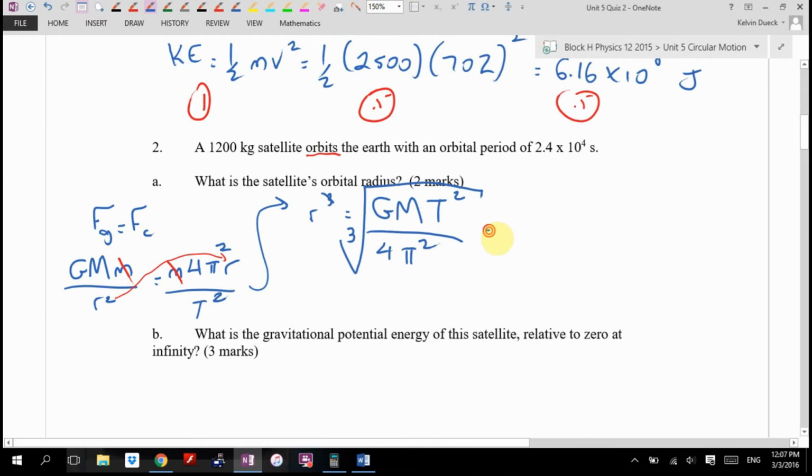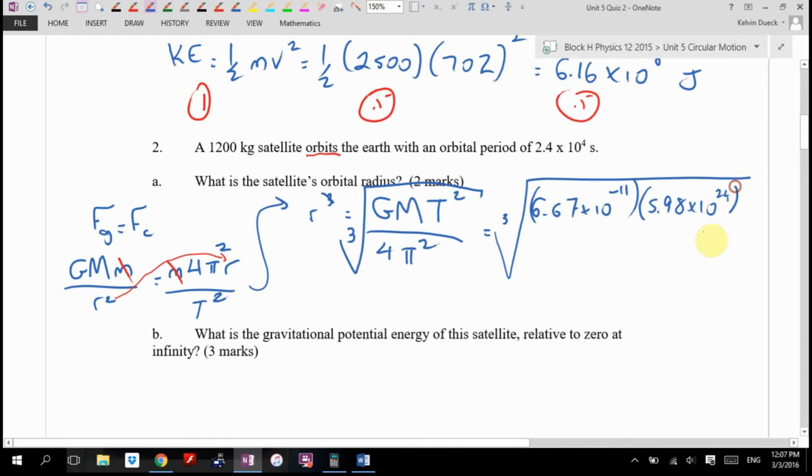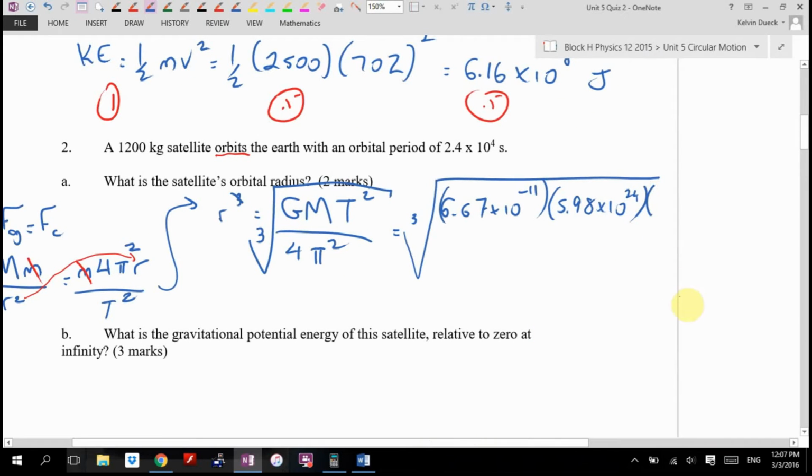So it's going to be the cube root of 6.67 times 10 to the negative 11, mass of the Earth, T, 2.4 times 10 to the 4th squared, all over 4 pi squared. Just go off the margin.